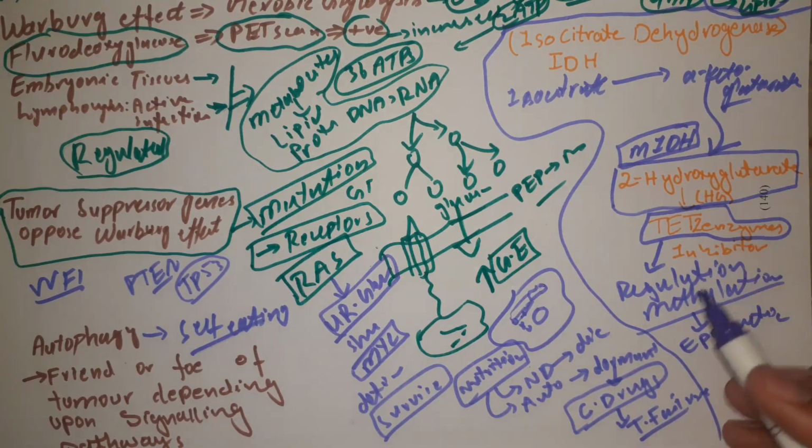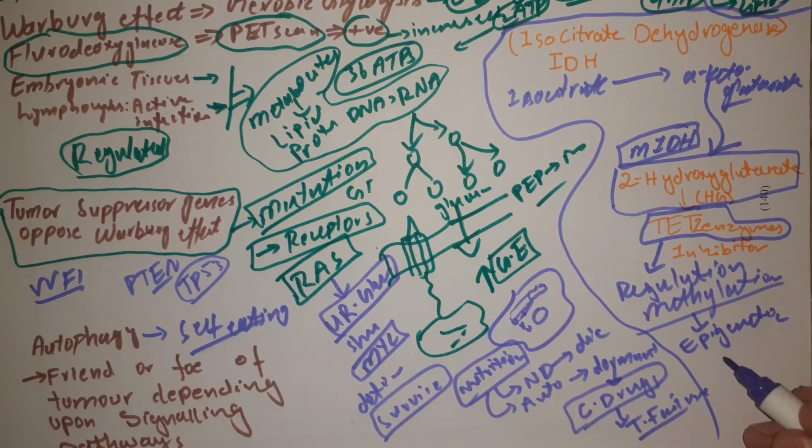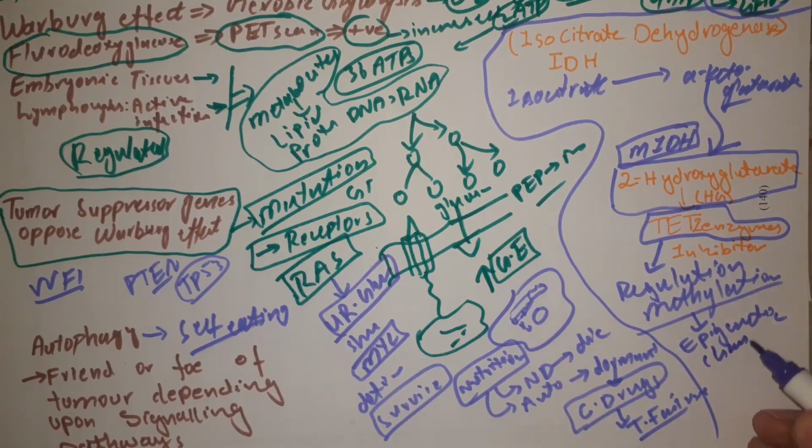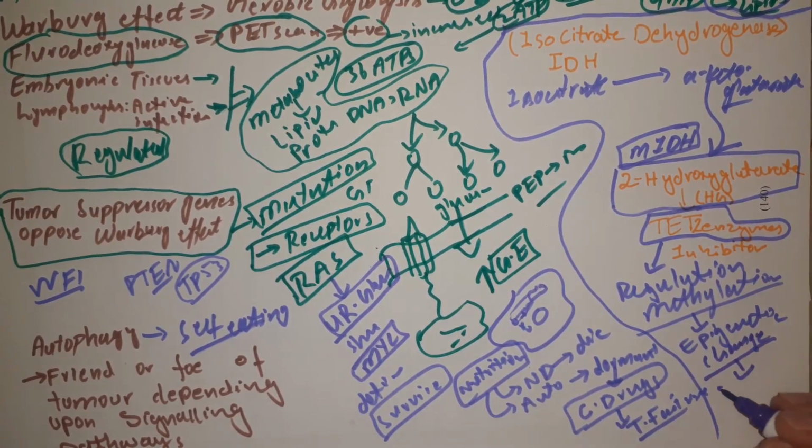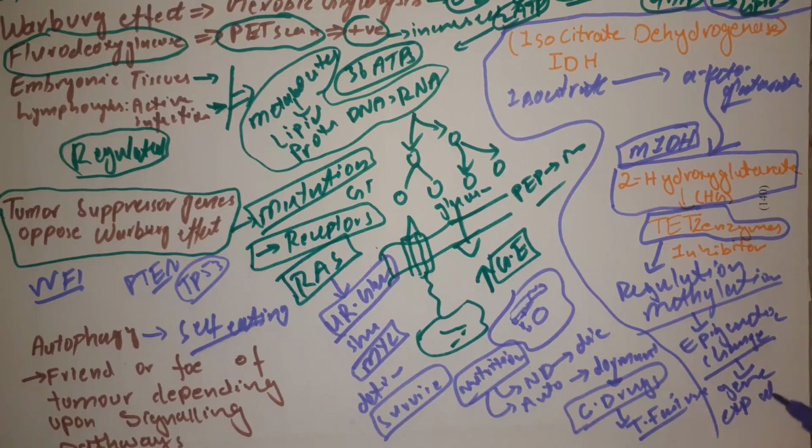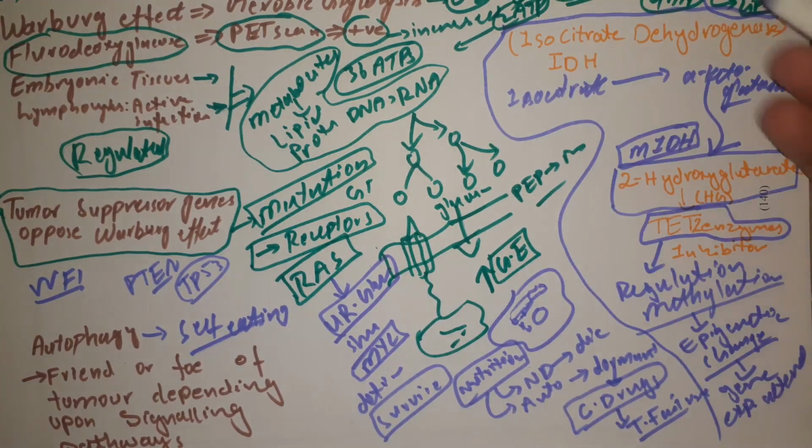As a result, there was abnormal methylation of DNA, an epigenetic change, and it can alter the expression of multiple genes. As a result of this change, there is neoplastic transformation. So this entire process is called oncometabolism.